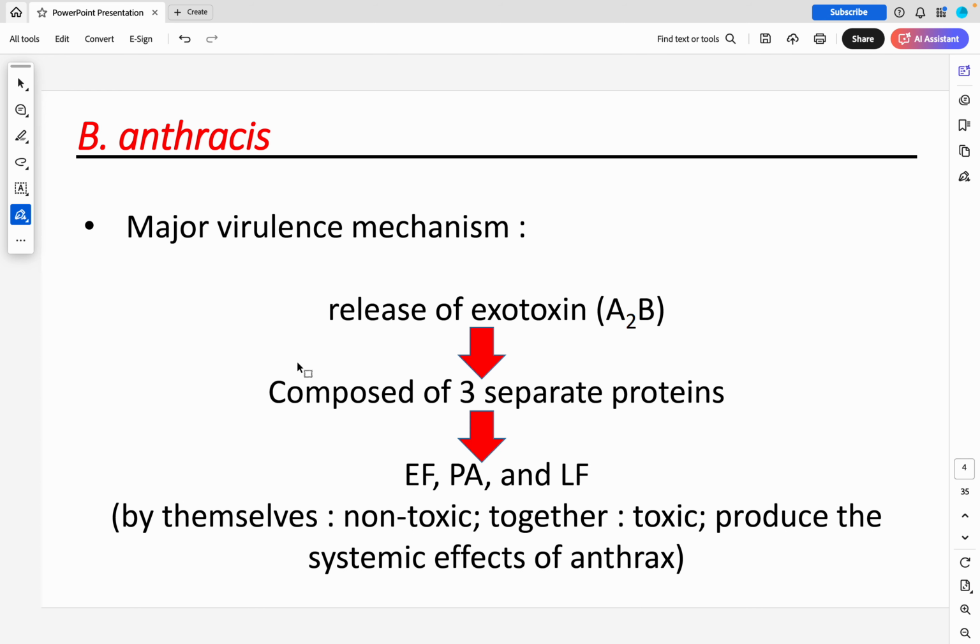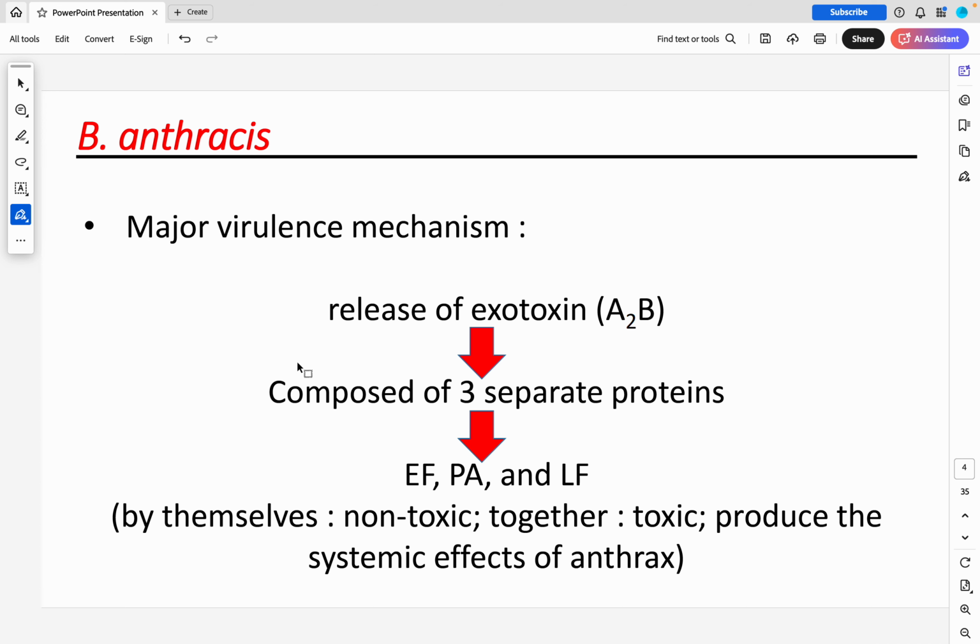Individually, they are not toxic. They're not able to elicit a pleiotropic response from the host, but together they are toxic and produce systemic effects of the anthrax disease.